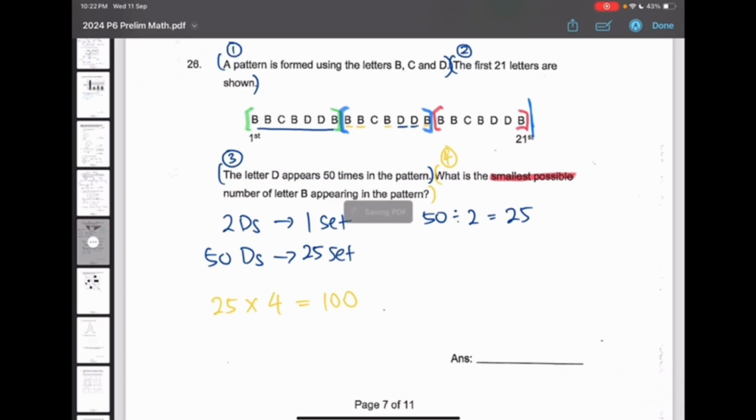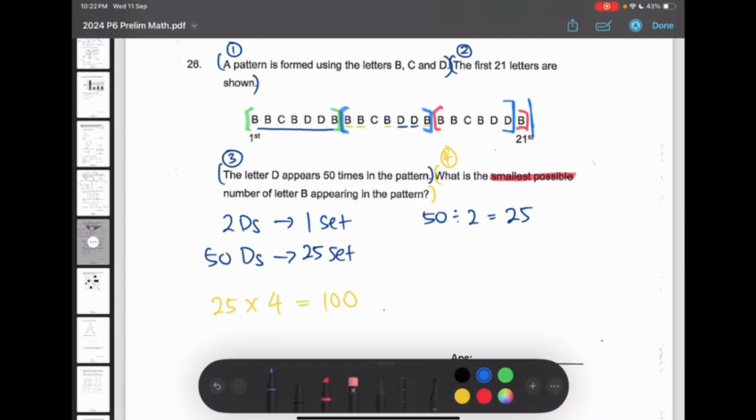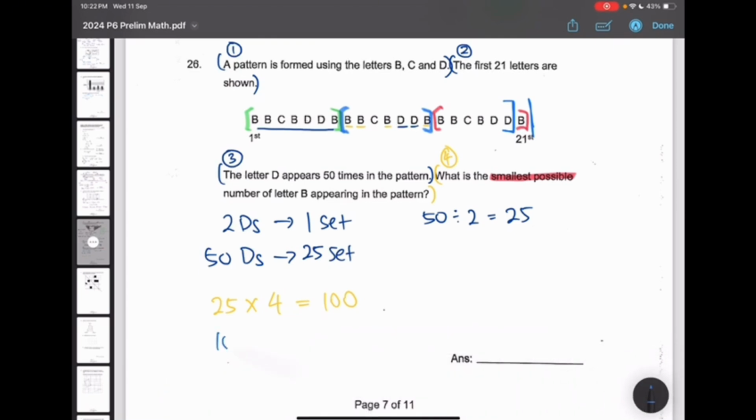If there are 50 Ds, the smallest the pattern can be is when it ends over here. If that is the case, I have to minus this 1 B away from my big pattern, and that would just be 100 minus 1, and that will give me 99, and this is my answer for question number 26.